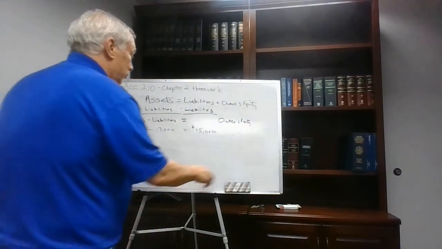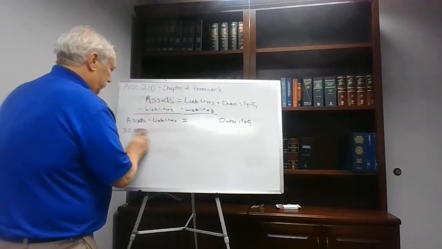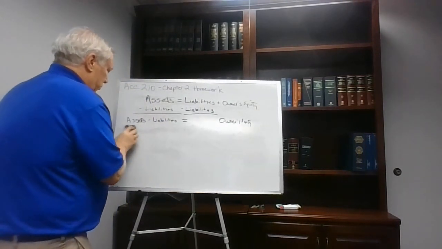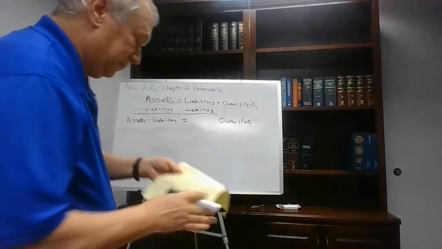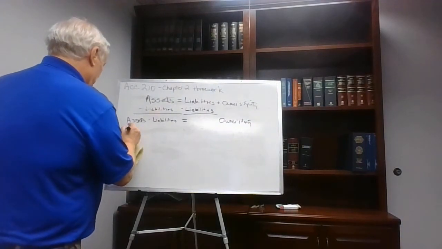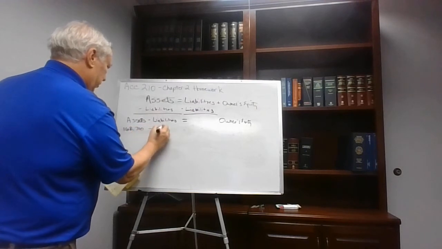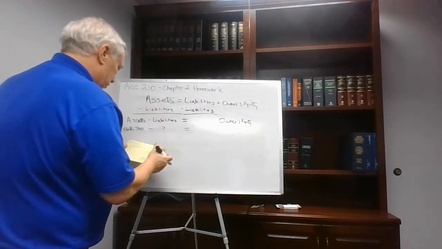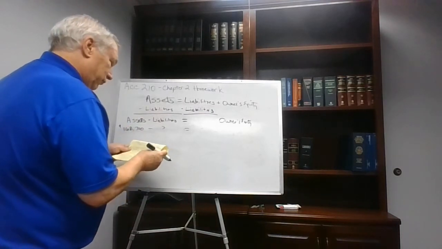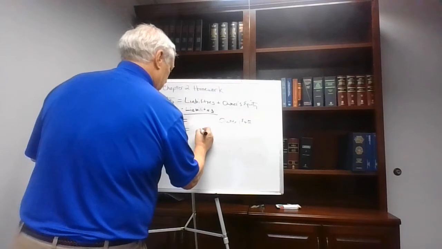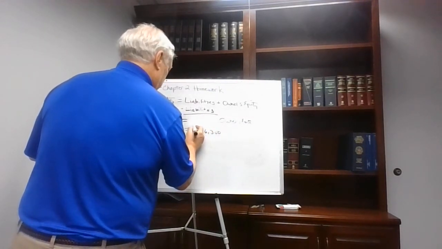In the next one, they don't give you the liabilities number, which is also frankly pretty easy. They give you 168,700 minus question mark equals, and then for owner's equity, they give you 146,300.